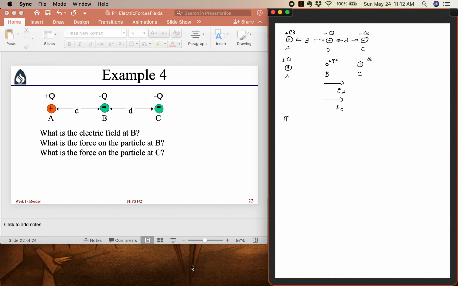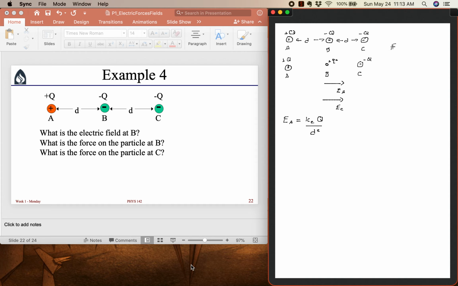So the electric field amount from charge A at this position at B is going to be equal to Ke times the amount of charge at A, which is Q, divided by the distance between charge A and the location where I'm finding the electric field, which is D squared.